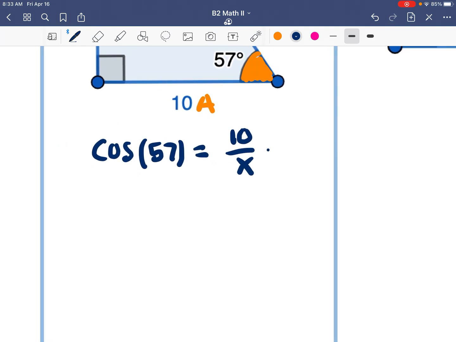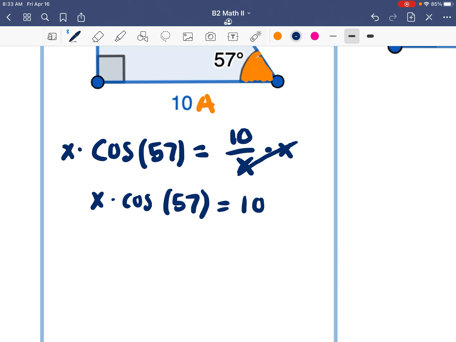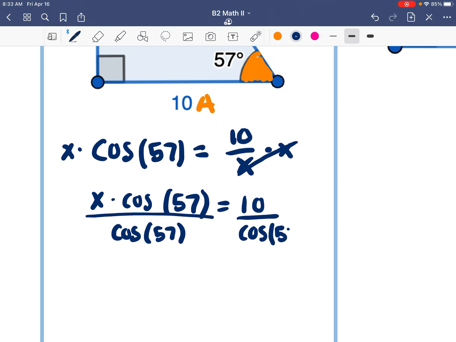That's why I added these, because there's several like this on your homework and basically everywhere. So the first step on these ones is to multiply by x, so the x is no longer in the denominator. So then we have the function x times cosine of 57 equals 10, which is not useful yet, but we can divide by cosine of 57, because even though it's a trig function here, it's just a number because we can plug that into a calculator and get a number.